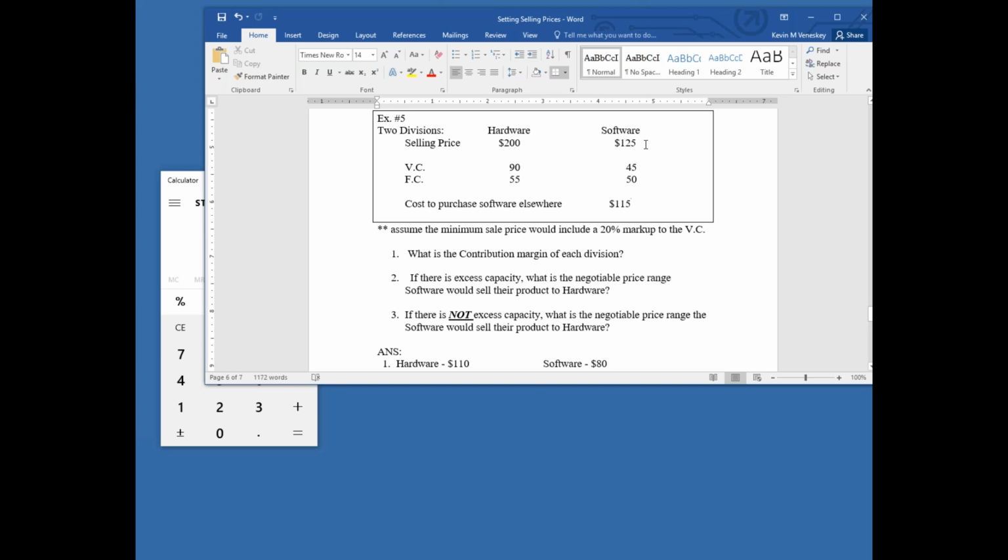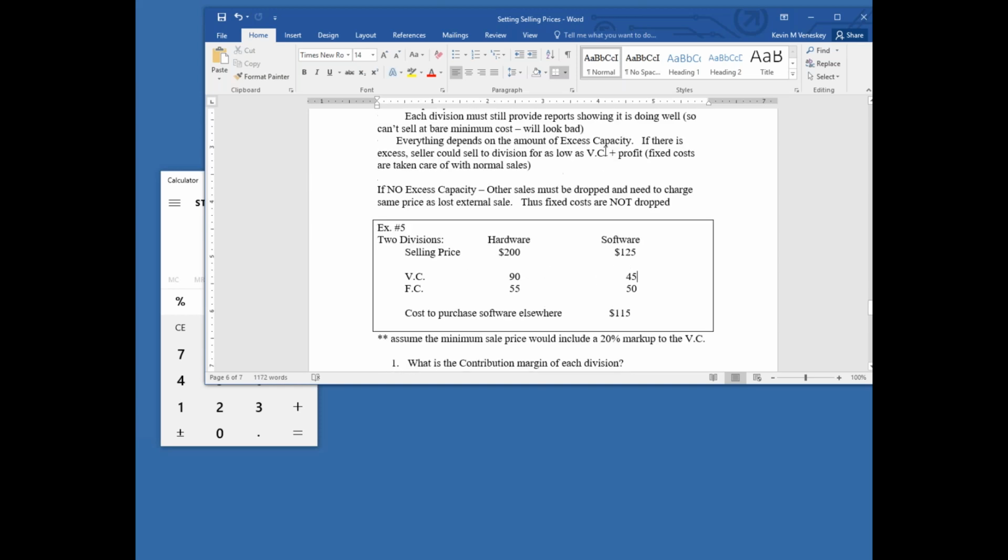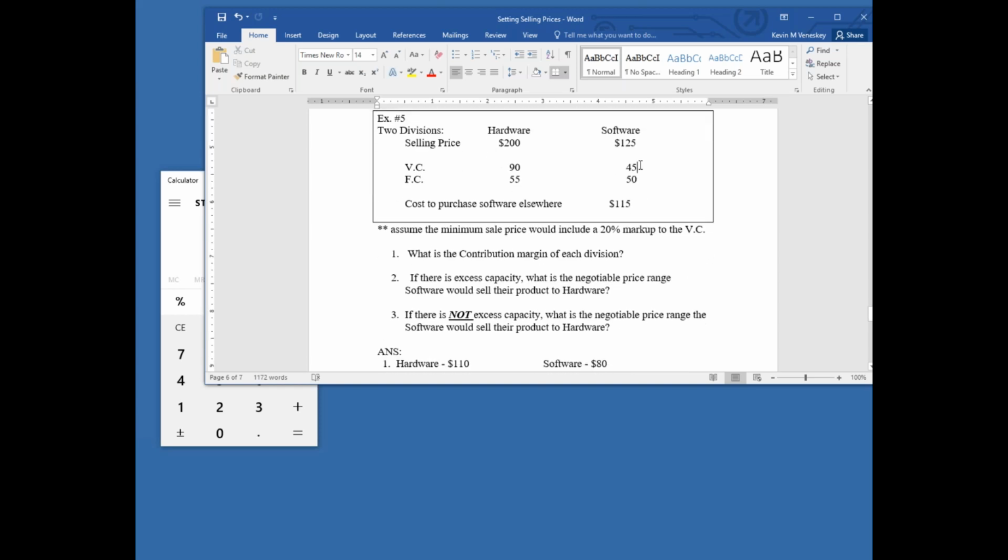But if we work together, what's the lowest the software would be able to sell their item for and still meet their goal? And then on the other side, what's the highest the hardware would want to pay? Now the hardware is the easy one. This is the highest they're going to want to pay, what they can get it for somewhere else. Now the software, remember I told us they can sell it for variable cost plus any profit.